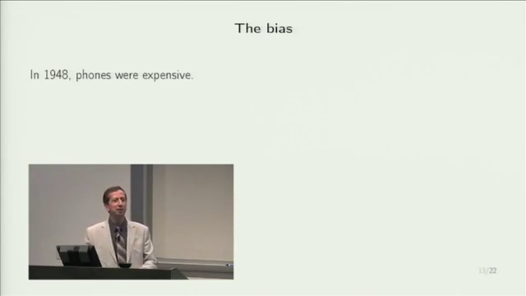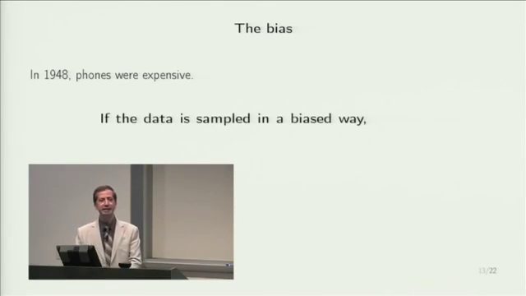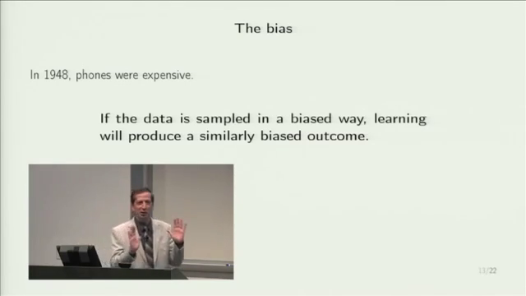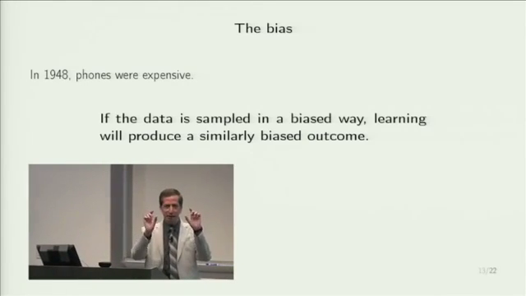And that brings us to the statement of the sampling bias principle. It says that if the data is sampled in a biased way, then learning will produce a similarly biased outcome. You know, learning is not an oracle, not like the football oracle. Learning sees the world through the data you give it.